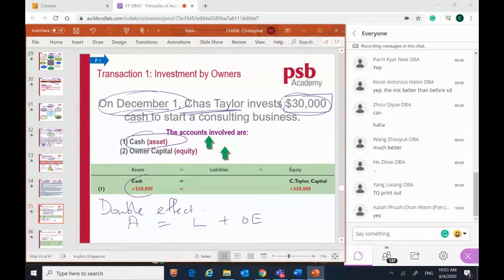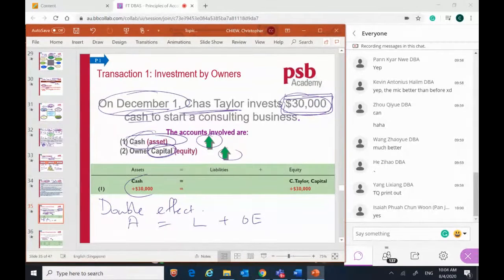Do you agree? Cash is an asset. So the cash will go up. Now, on the other hand, because this $30,000 comes from the owner, whatever comes from the owner, we have a name for it. What do we call it? We call it capital. So cash goes up, capital also goes up.